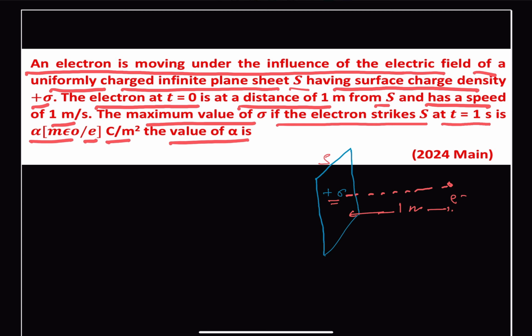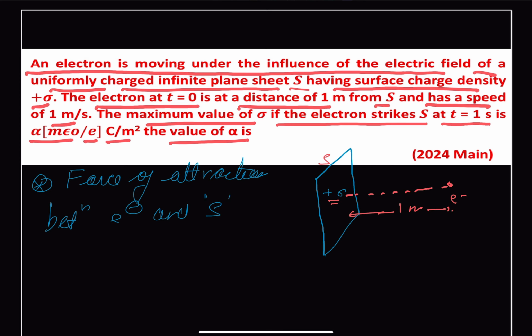So we can say the force of attraction between the electron and the sheet will be given as F, which is equal to minus E times the electric field.